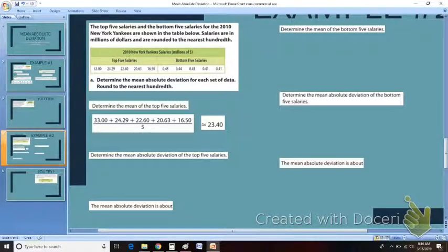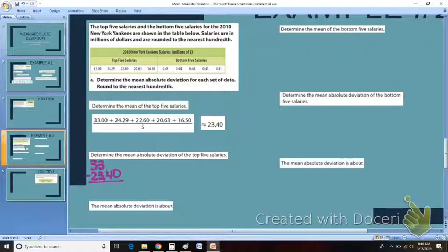Okay, so then our next step, we're going to determine the mean absolute deviation of the top 5 salaries. So now we're going to have to subtract. Okay, so we know we have 23.40 for the average. So I'm going to take each number in our data set. So we have 33 minus 23.40.